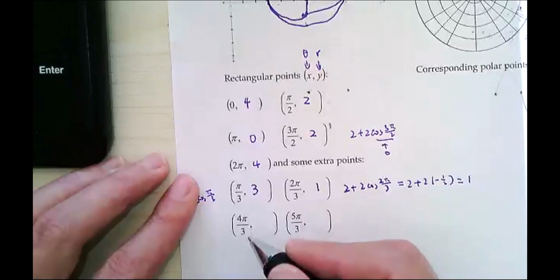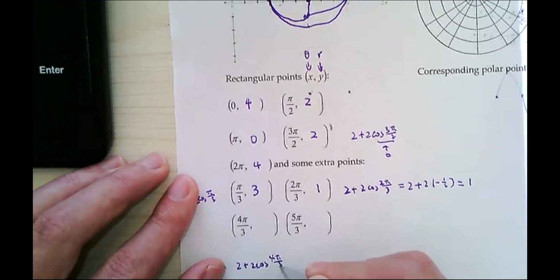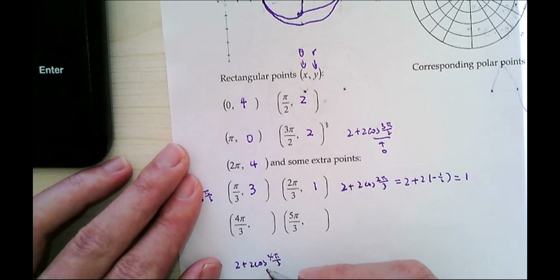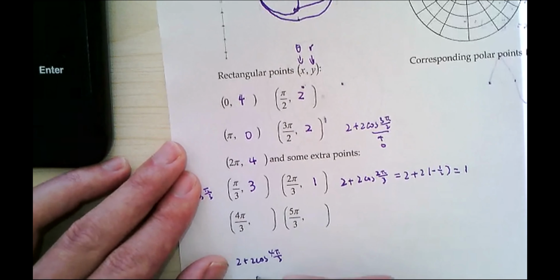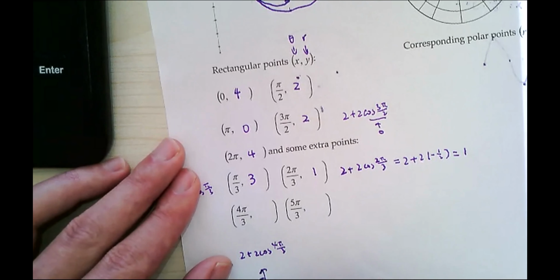How about 2 plus 2 times cosine 4 pi over 3? What is this guy? Wouldn't it give you the same thing since it's still negative 1/2? Let me think about it. So look, even I need to turn to the unit circle for help.